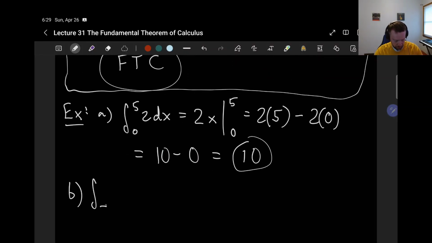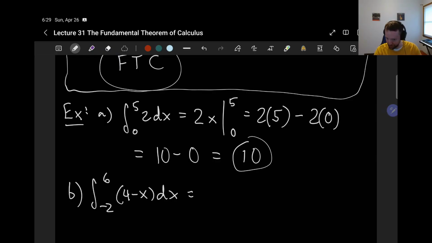This one we also did last time, and we ended up getting two triangles, if you recall. One of which was bigger and above the x-axis, and the other one was smaller but below, and that counted as negative. So let's see if we get the same answer.